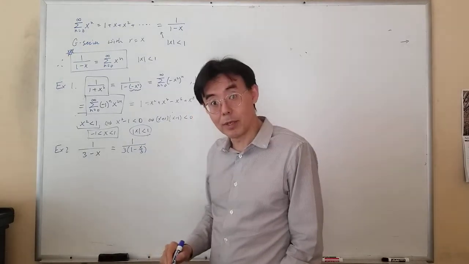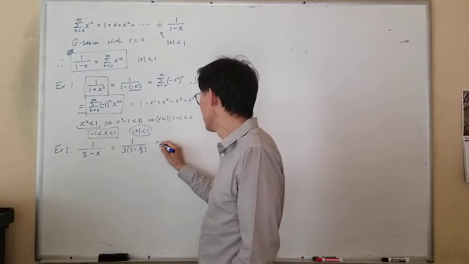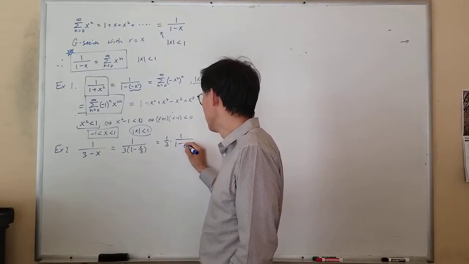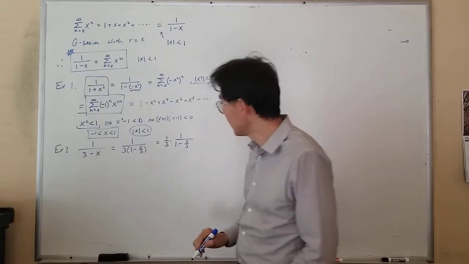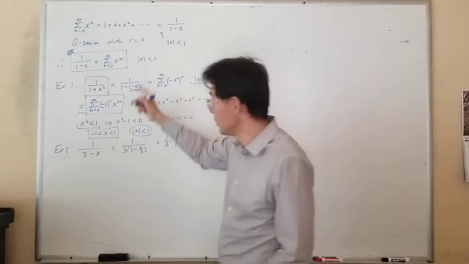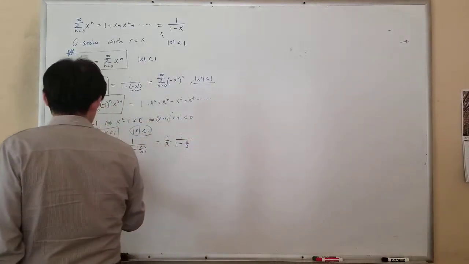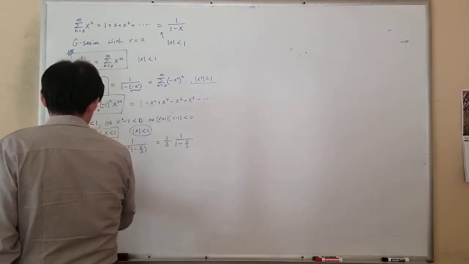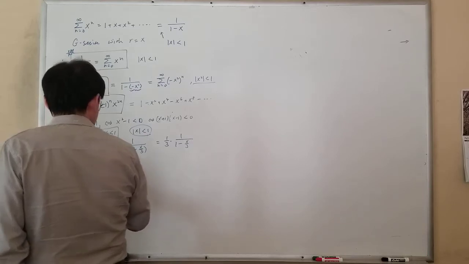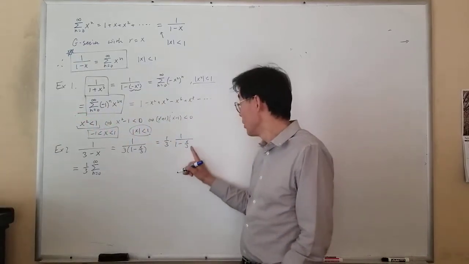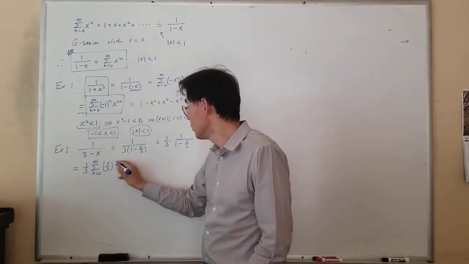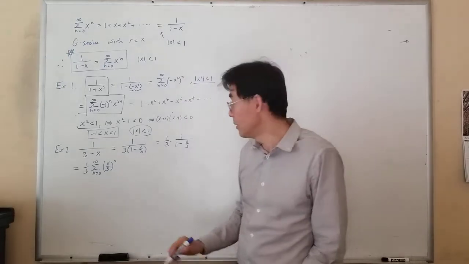We can write it this way, right? So we just take out 1/3, then 1 over 1 minus something, right? Now we can use this. So this must be 1/3 out, and n runs from 0 to infinity of x over 3 to the nth power.